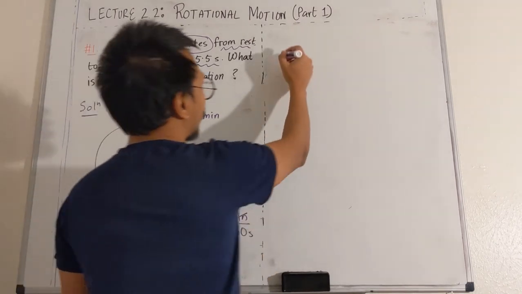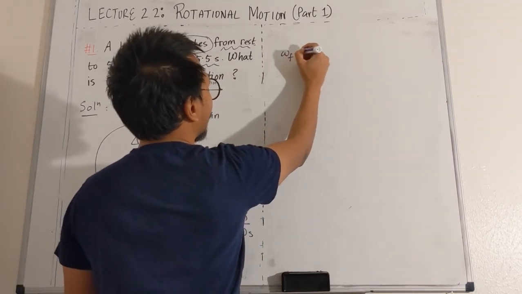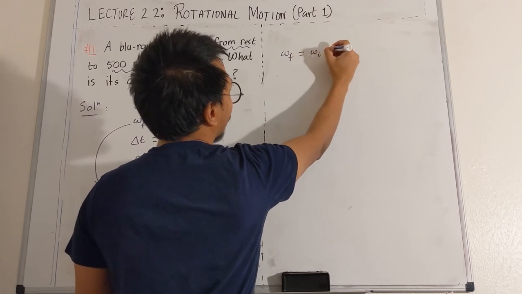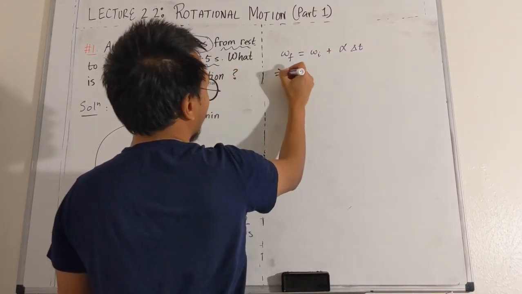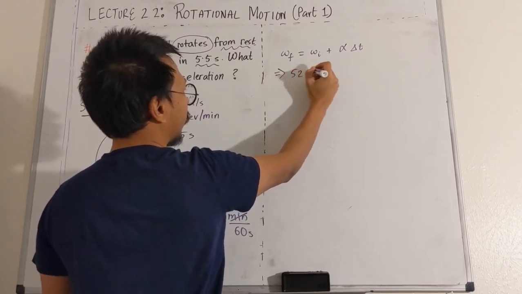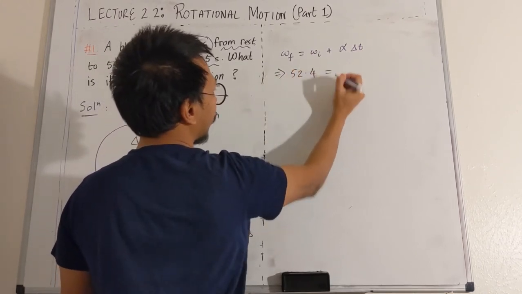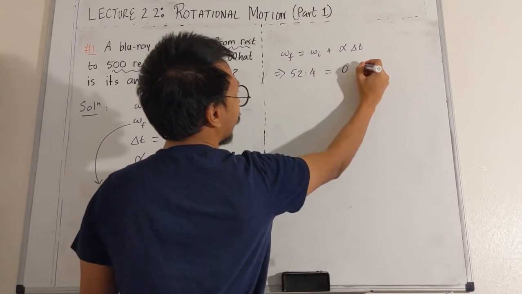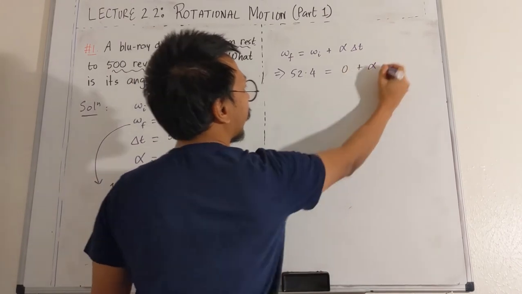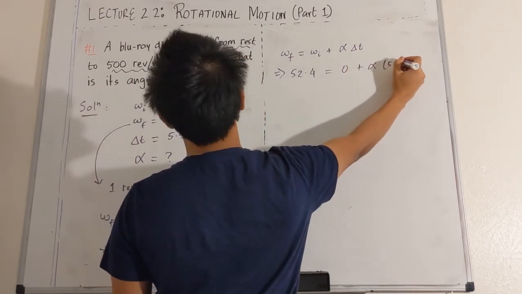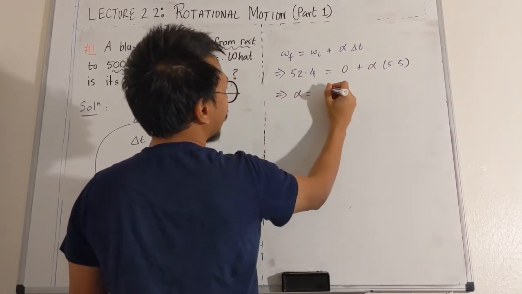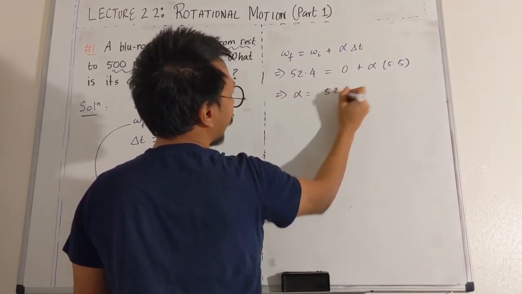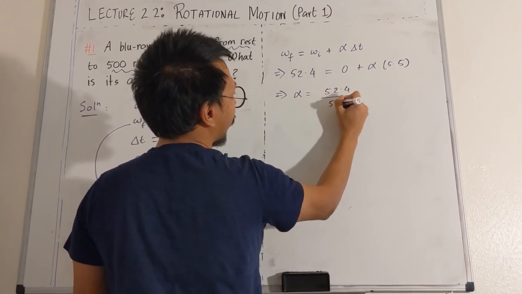The first equation works for us: omega f equal to omega I plus alpha times delta t. Omega f is 52.4 radians per second. Omega I was 0. Alpha is what we are looking for, and the time it took was 5.5 seconds. So alpha is nothing but 52.4 over 5.5.